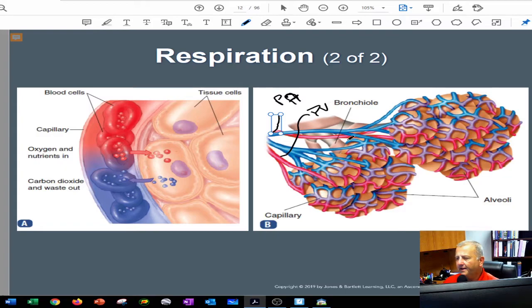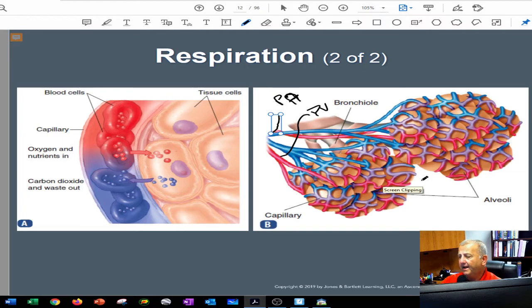The reason we know that is because the pulmonary artery is going to be carrying deoxygenated blood to the alveoli. It's going to drop off the CO2, pick up the O2, and it comes back oxygenated as color red. Means it has hemoglobin, all right? And that hemo part of hemoglobin means color.